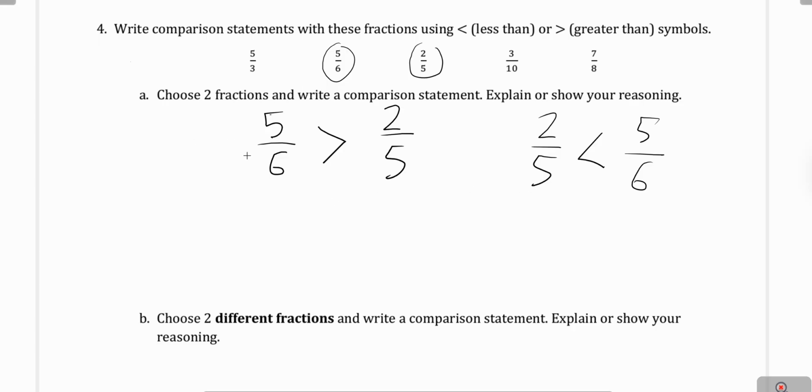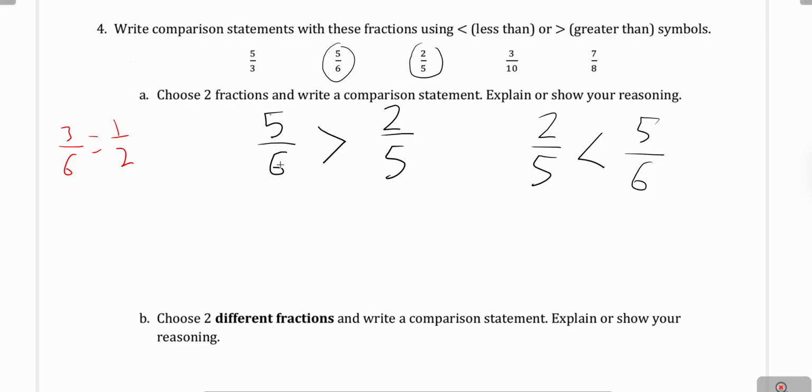So I know that 3/6 is 1/2, right? So I know that 3/6 is 1/2 because 3 is half of 6. So 3 out of 6 is the same as 1/2. And in here I have 5 out of 6.